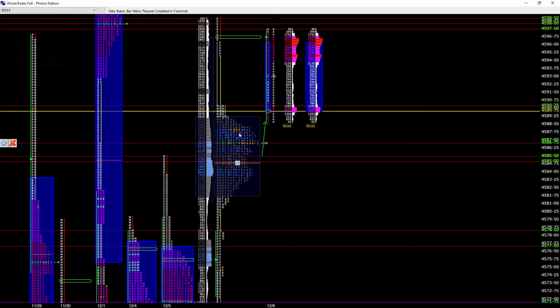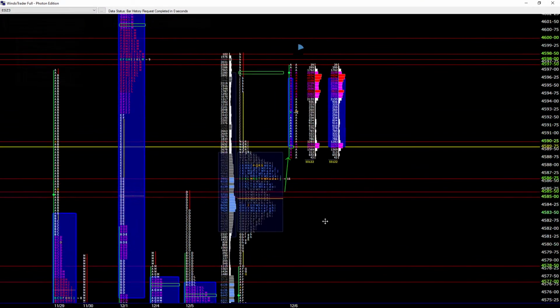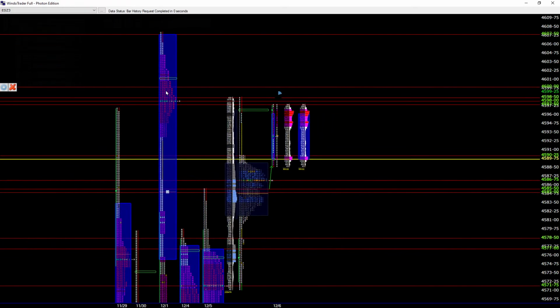Next thing is, if this inventory is going to be taken out, because there's weak longs here. And remember, the overnight from this day was very short, 100% short. Market opening up here took care of this inventory.